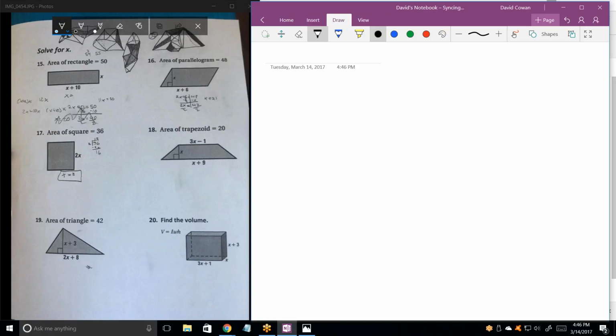It's a rectangular solid, but it's a rectangular brick. All the corners are 90-degree corners. And as long as that's true, then the volume is the length times the width times the height. They were nice enough to tell us the general formula here. So, and we're supposed to find the volume, okay?